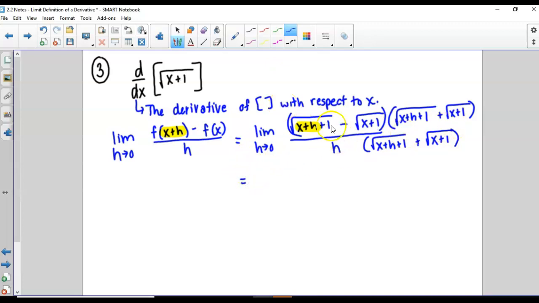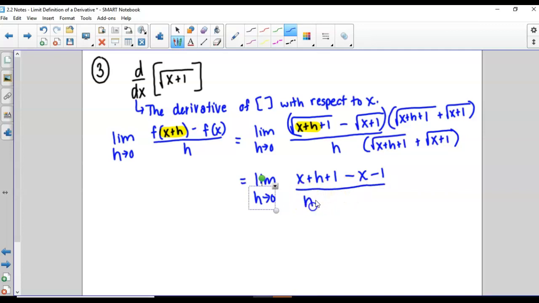When we do this, we're going to distribute here. We'll get the limit as h approaches 0 of x plus h plus 1, and then minus x minus 1. Make sure you distribute that negative to the x and the 1.